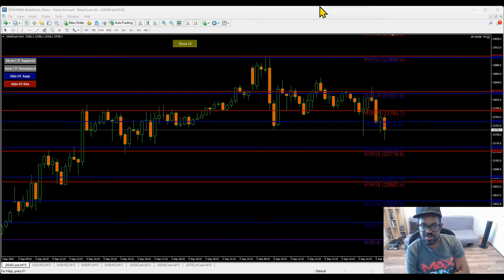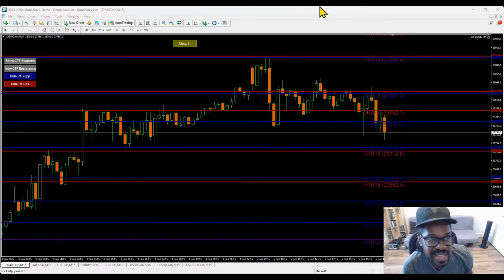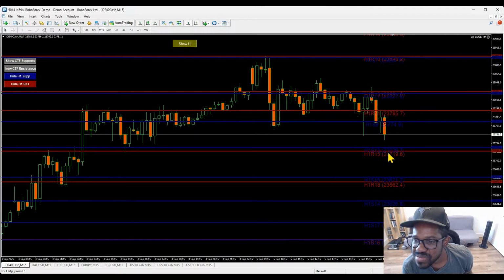But I'm expecting the price to go lower towards those levels here. So once again, the first level will be this one, and the second level will be this one.